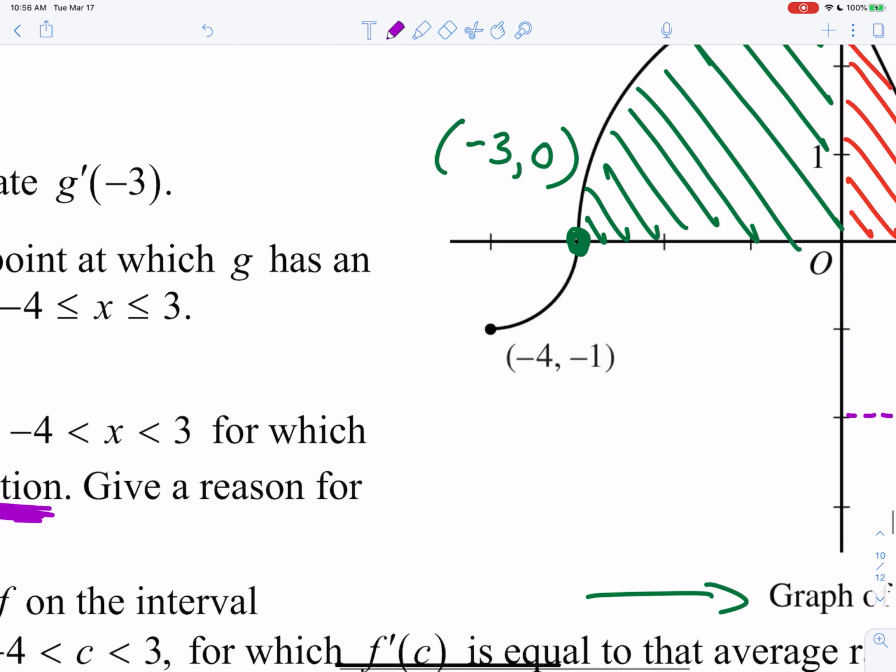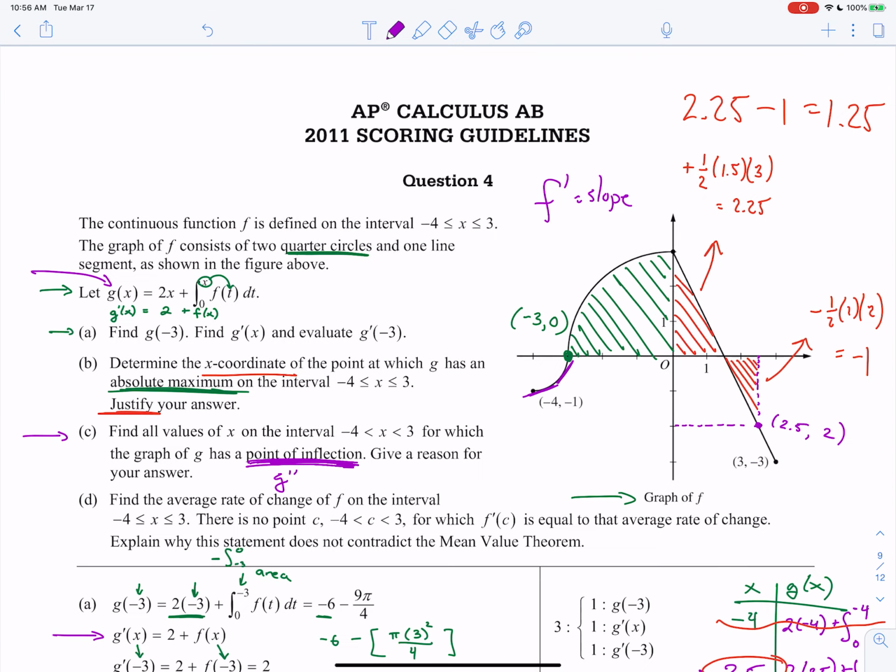So for instance, like here, that has a positive tangent line. Or what's even easier is understanding the implications. We know that F prime will be positive if F is increasing.